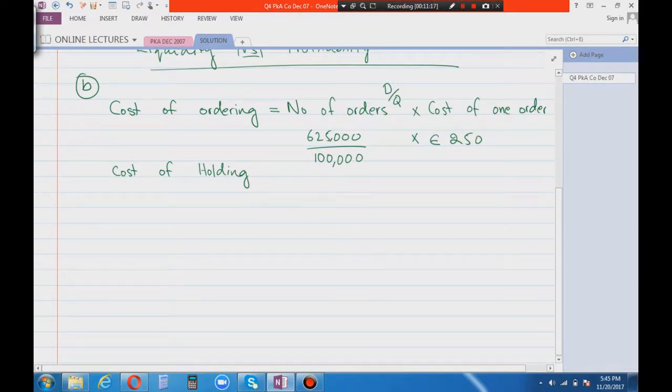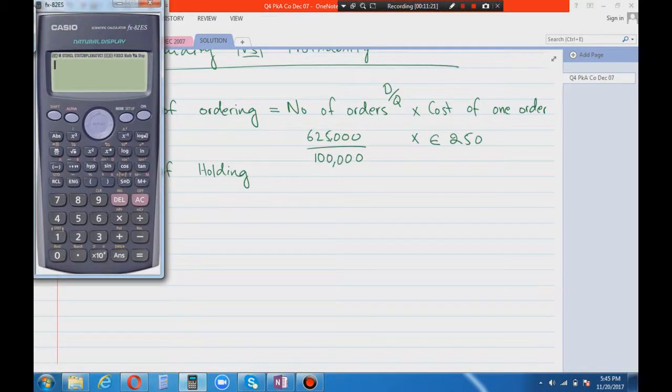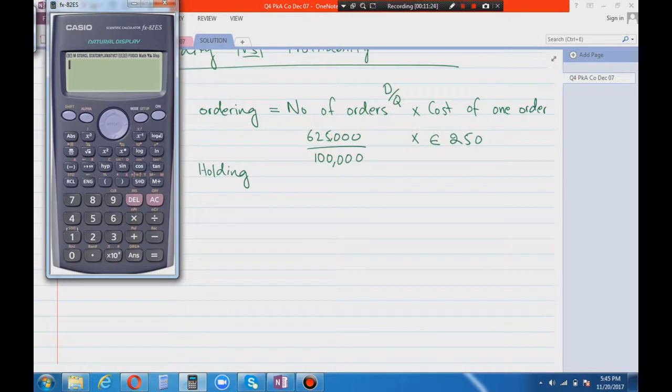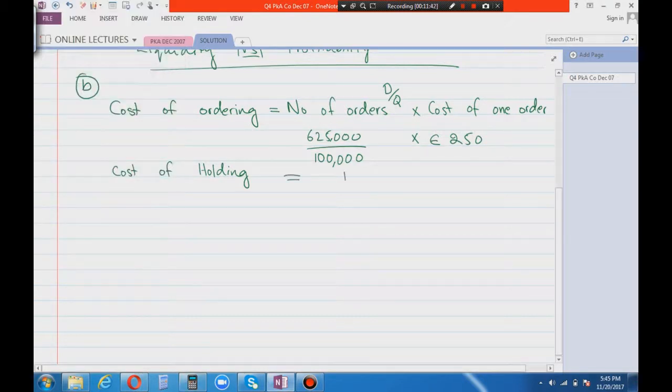So this will give you number of orders. 625,000 divided by 100,000 multiplied by 250 would give you 1563 euros, and that would be your total cost of ordering.